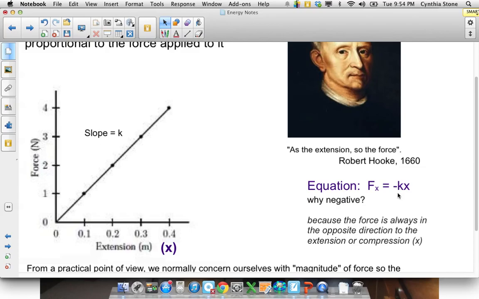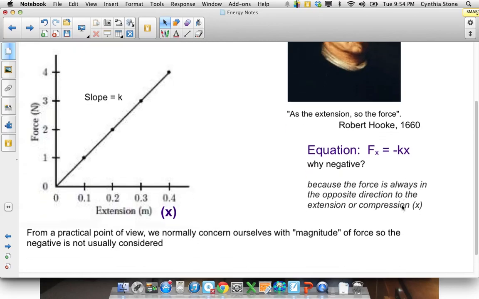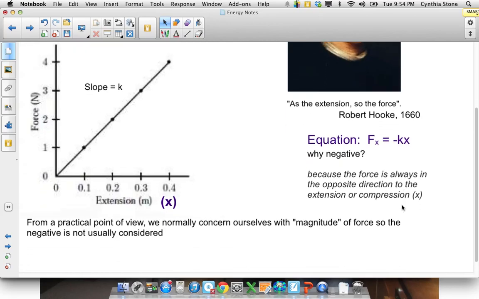And so it is negative. Fx equals negative k times x. The reason is you have to think of x and force as vectors: if you're stretching the spring in one direction, call that the positive direction, then the force has to be in the negative direction because it wants to pull it back to its equilibrium spot. But I don't want to dwell on that in this course because we're using this equation related to energy, and energy is scalar, so we're not going to worry so much about the negative.